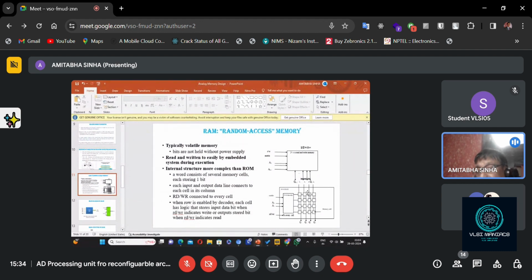So here in this diagram, input lines and output lines are separate. But now, in fact, to reduce the number of pins, input and outputs are the same lines, because at a given time, either the input operation, meaning the write operation, or the output operation, meaning the read operation, is performed.